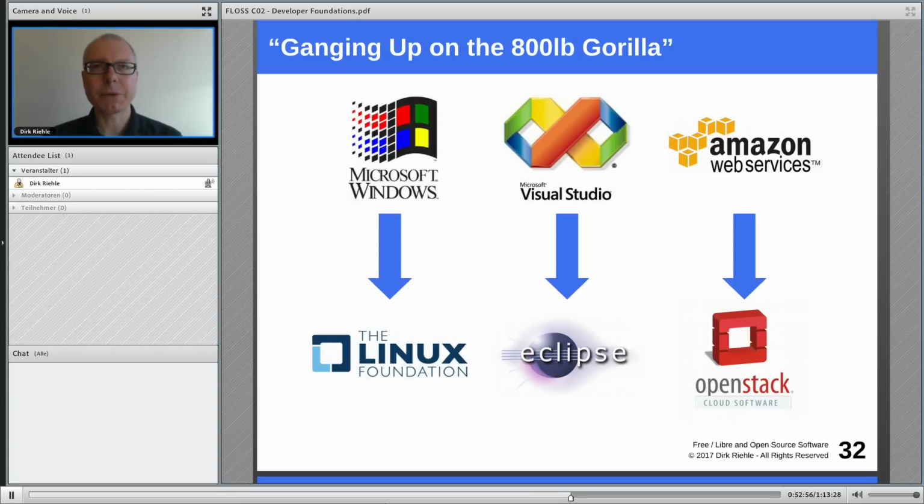We saw another example of what I call here the ganging up on the 800-pound gorilla, meaning having industry join forces to fight back any single potentially dominant competitor who is about to take over a market. So the most recent example is probably OpenStack, as a reaction to Amazon Web Services starting to dominate in the cloud computing space.